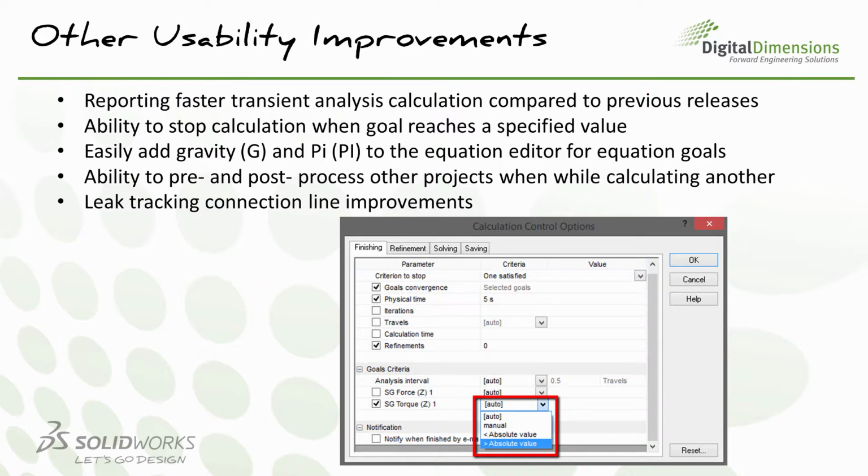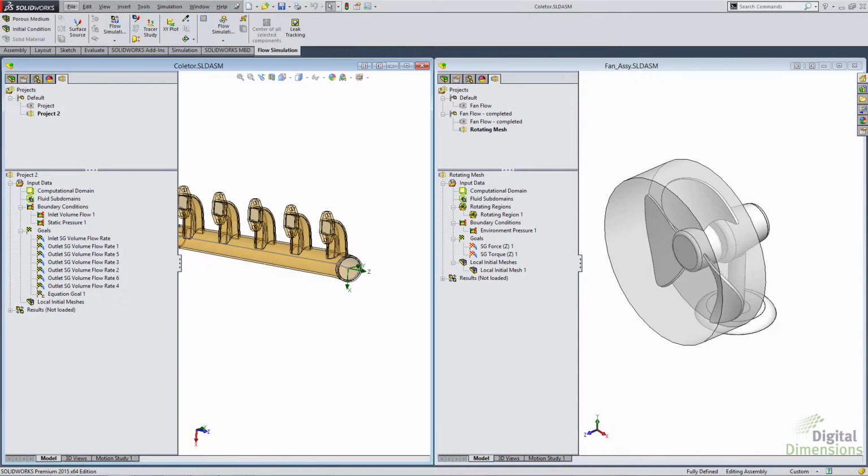This next usability improvement is going to help quite a bit with productivity for those of you that like to work on multiple projects, which I think is all of us here. We can go in and work with our pre-processing and our post-processing of our projects while calculating another project. For example, here with this Collider project, I'm going to go ahead and run that.